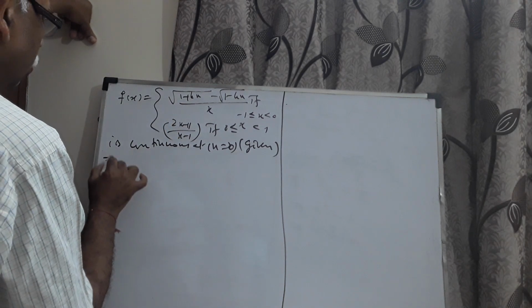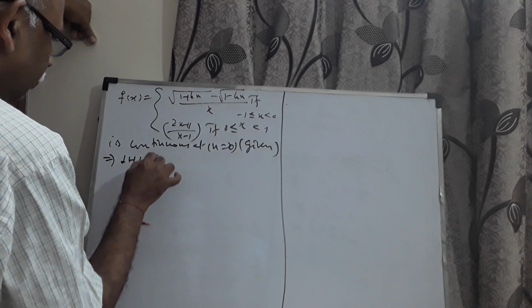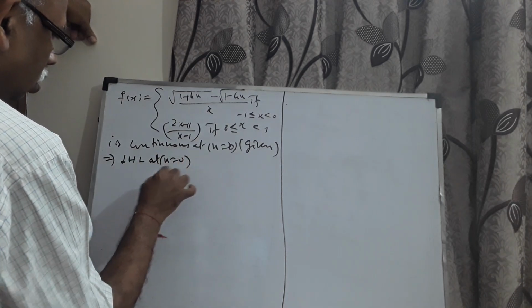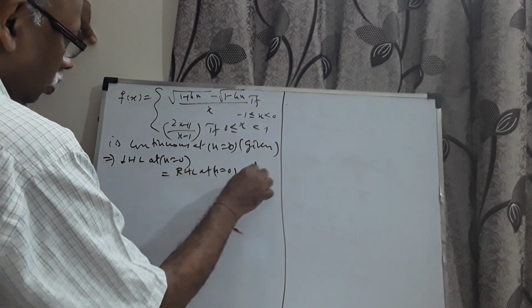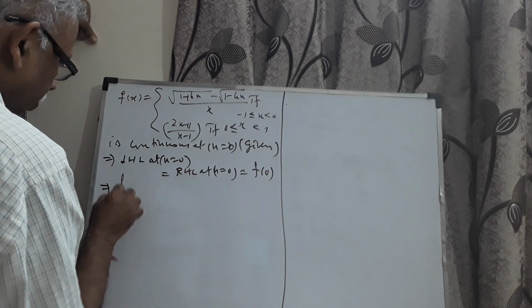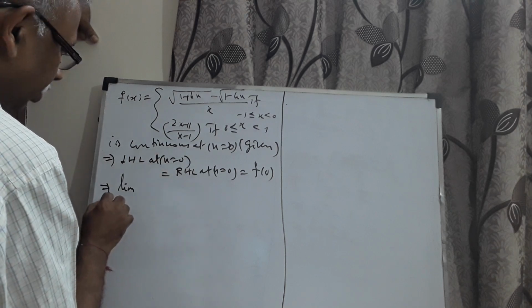Therefore, LHL at x = 0 is equal to RHL at x = 0, which is equal to f(0). LHL means left hand limit.